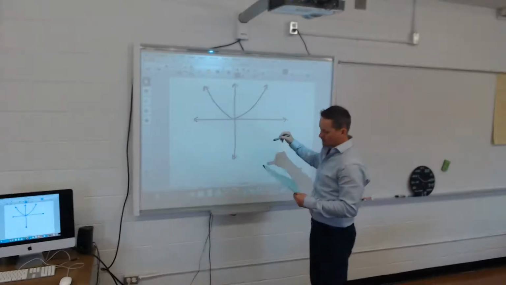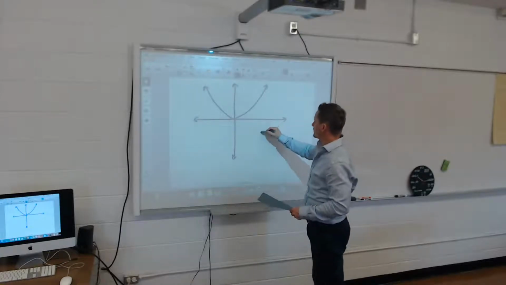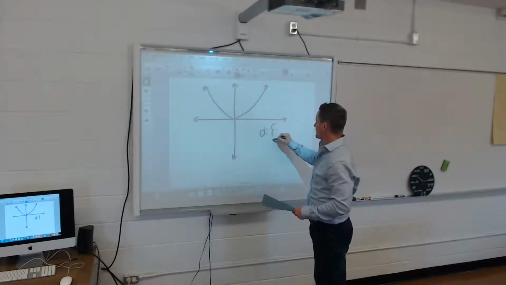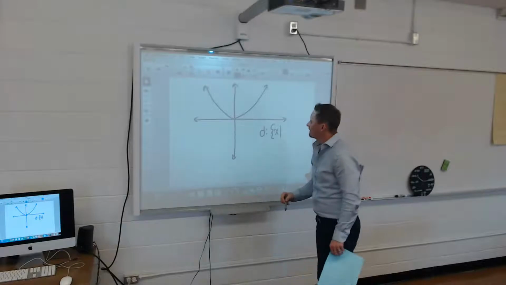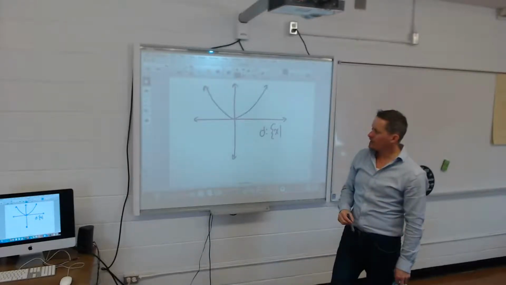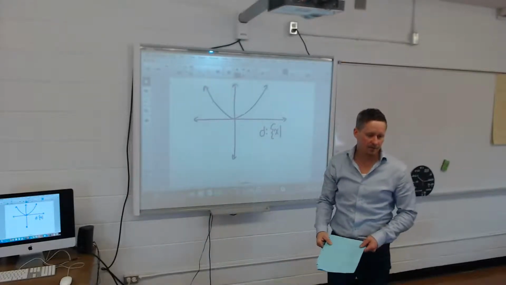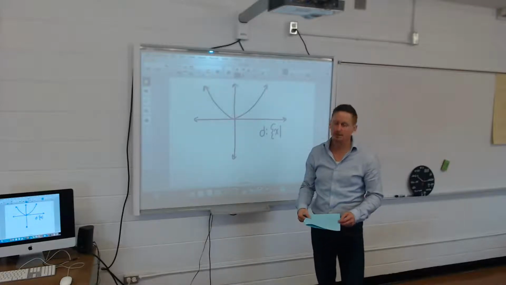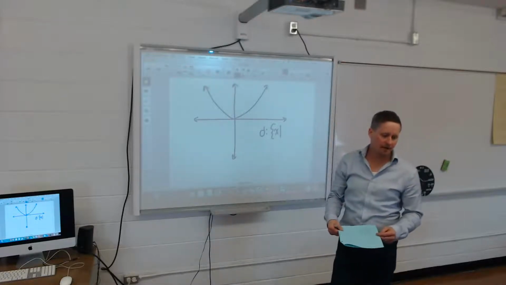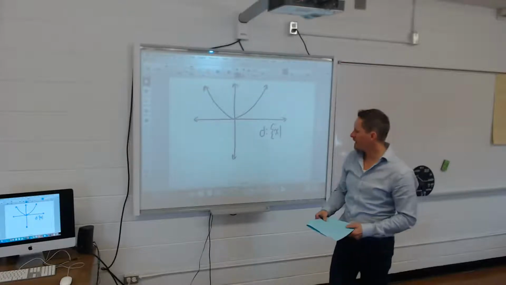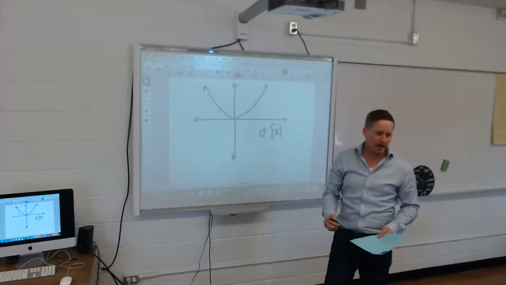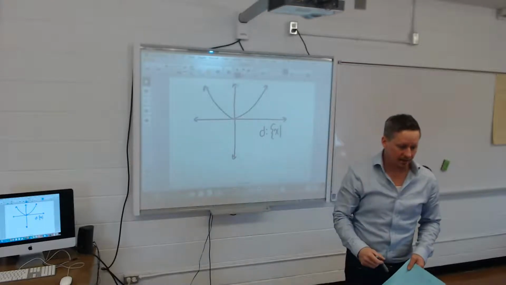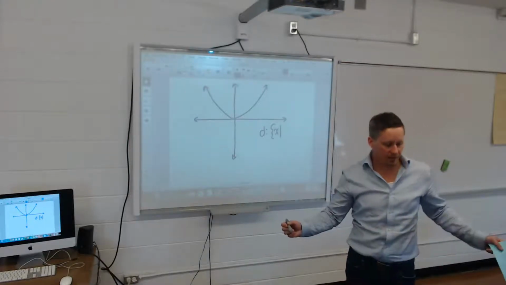Okay, so now it says use set notation to explain the domain. X such that. Well, what do you notice about how far left it goes? It goes on. And how about how far right? Same thing. So when I'm writing out my x such that, then it means I have to include every possible value.